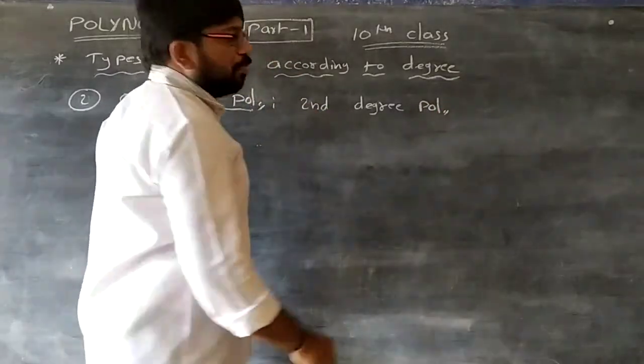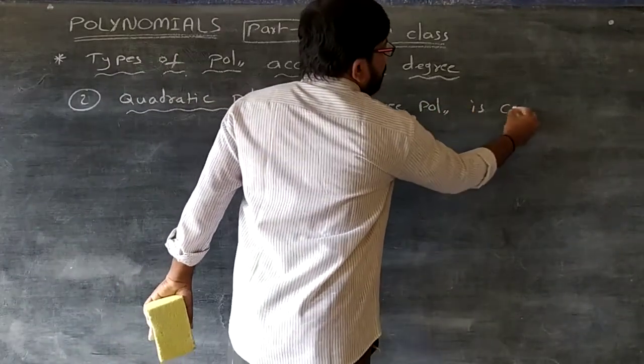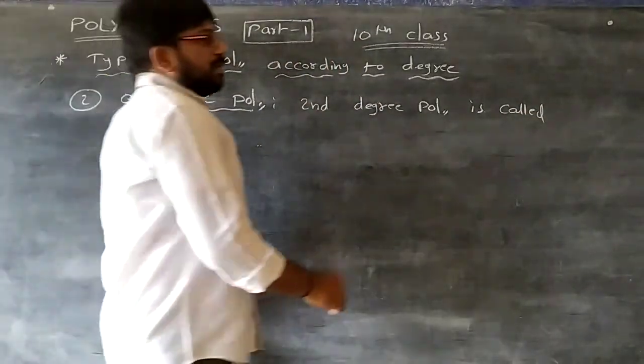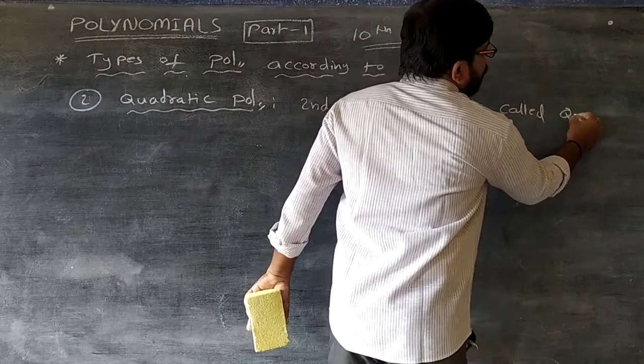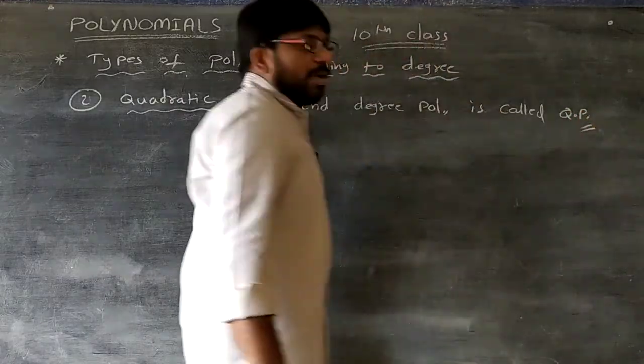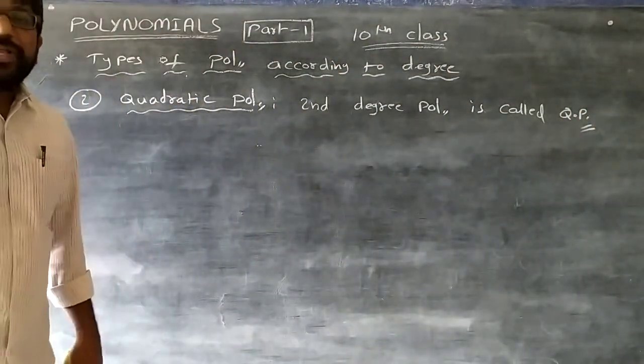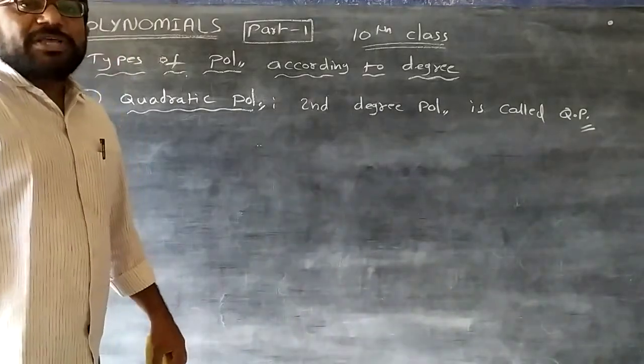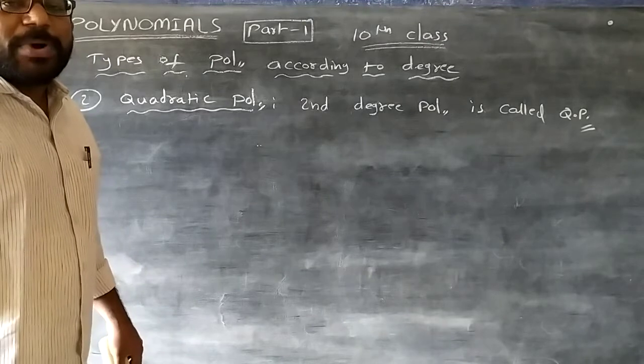QP means quadratic polynomial. If the degree of a polynomial is 2, then the polynomial is called quadratic polynomial.